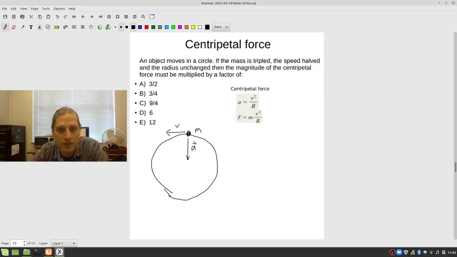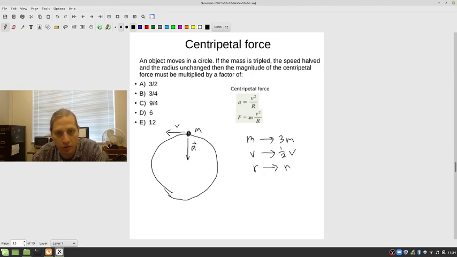In this problem, if you have an object moving in a circle, and the mass is tripled, so mass goes to 3 times mass, and the speed is half, so v goes to 1/2 v, and the radius is unchanged, so r just goes to r, then the magnitude of the centripetal force must be multiplied by a factor of what?